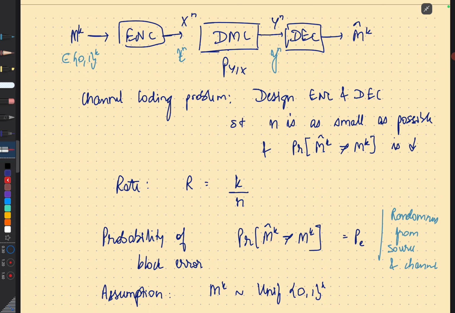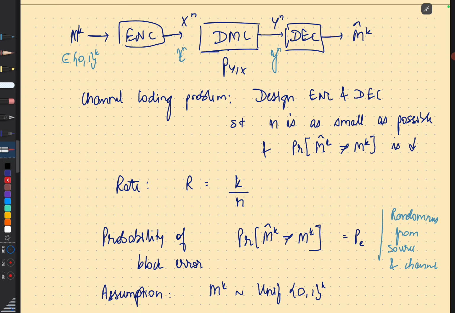Right? So right now we're explicitly focused on the case where k and n are growing, so it's for very large block lengths. But in practice, you have some target probability of error for a fixed n or a fixed k.